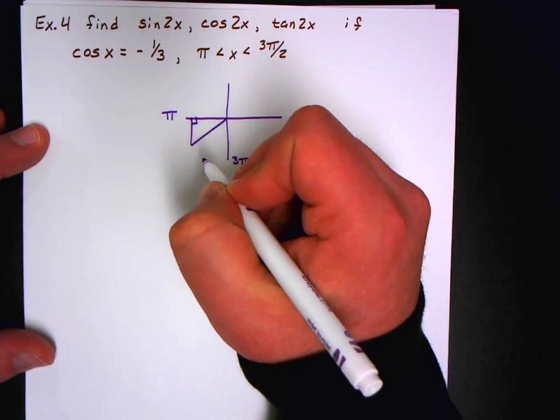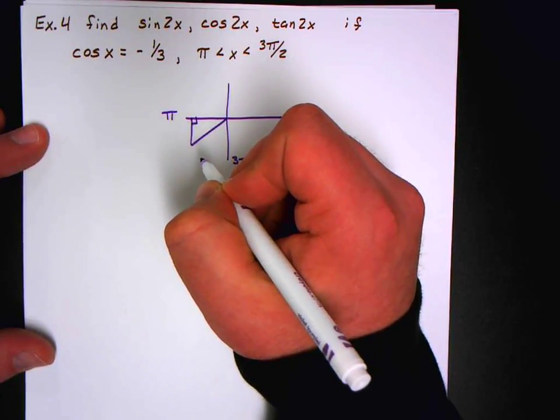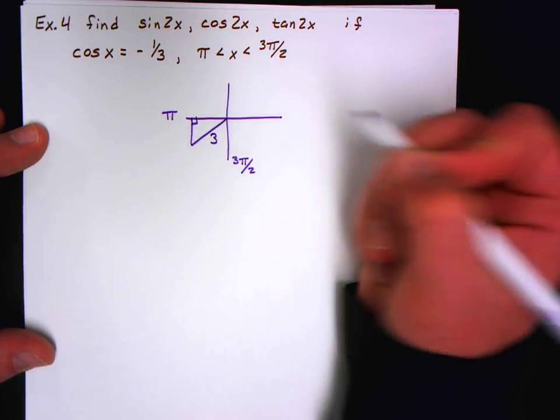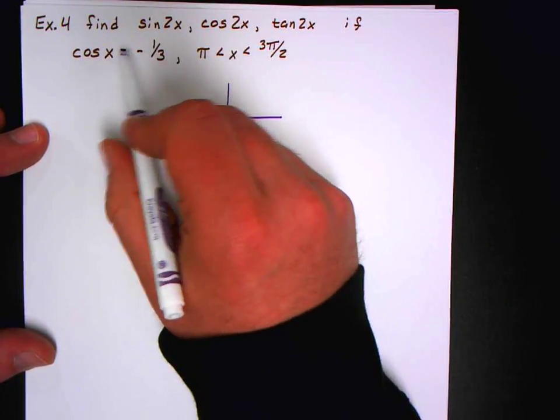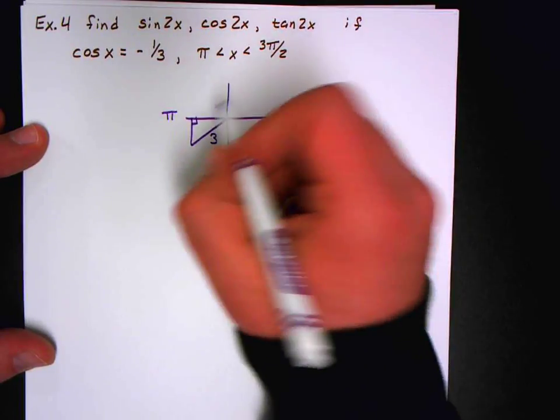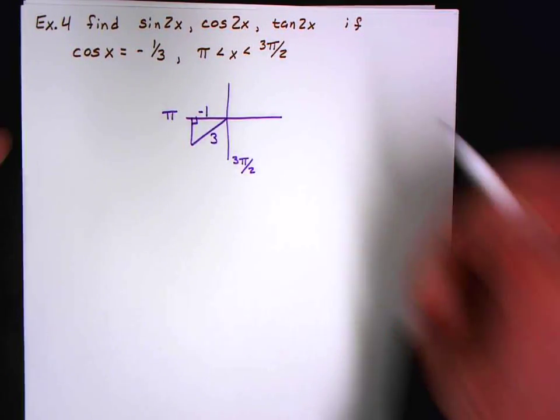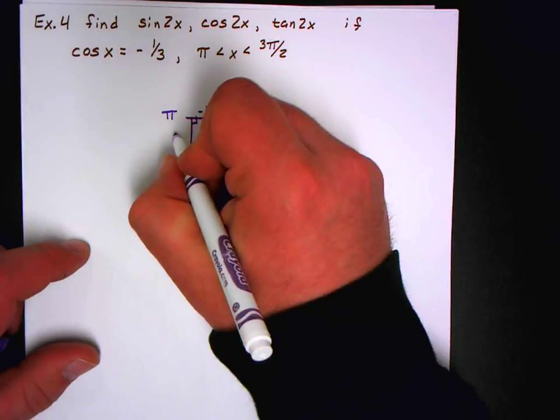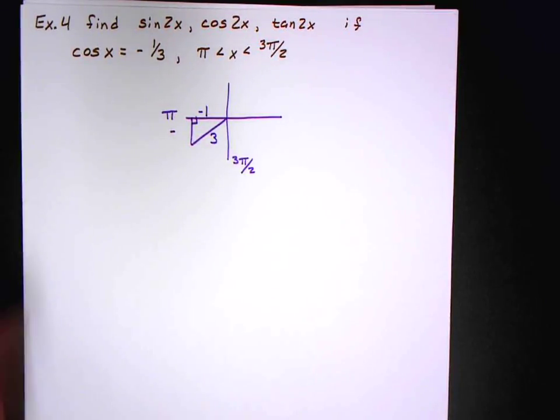I want my triangle to be wherever I want it to be, not just a normal triangle. So, according to this, the hypotenuse is 3. Since it's cosine, this is my x value, so my x value is negative 1. Since I'm in the third quadrant, is my y value going to be positive or negative? Negative. So, use Pythagorean, what is that value going to be?